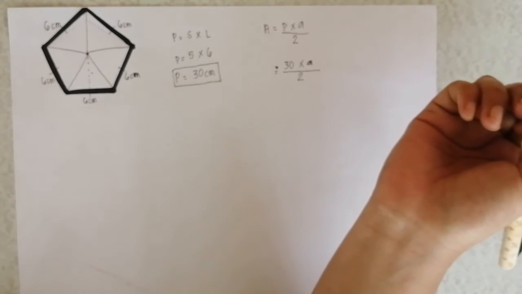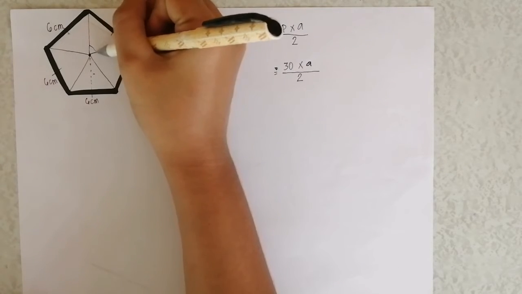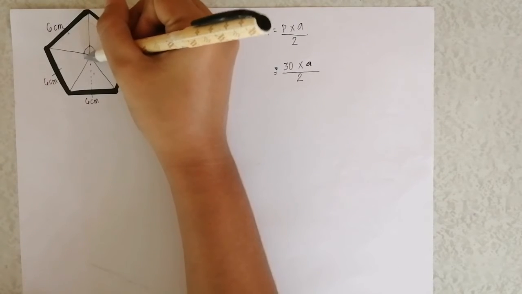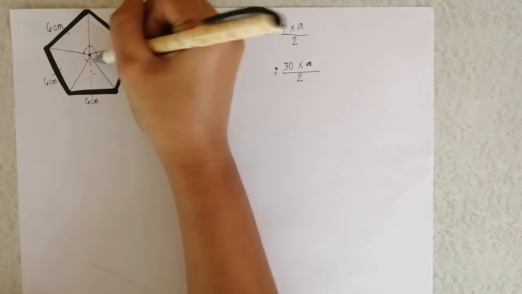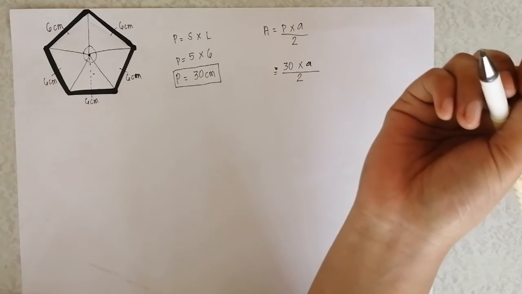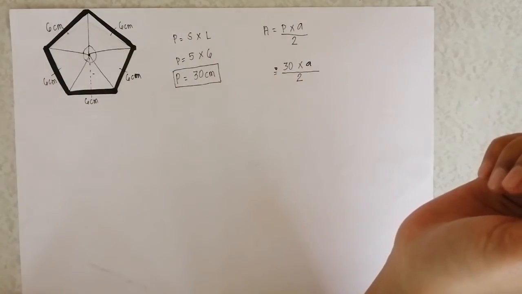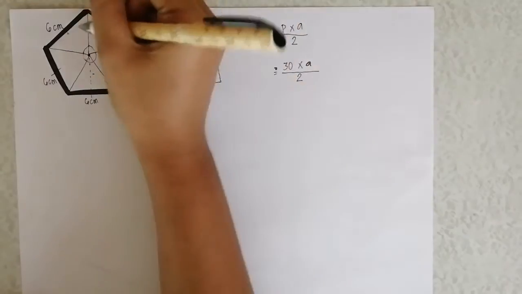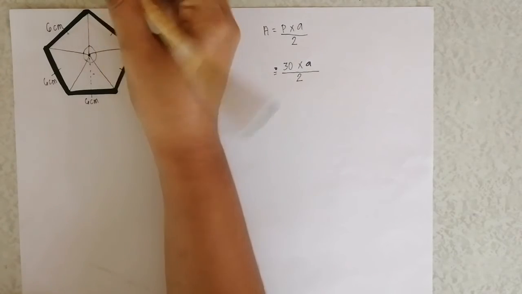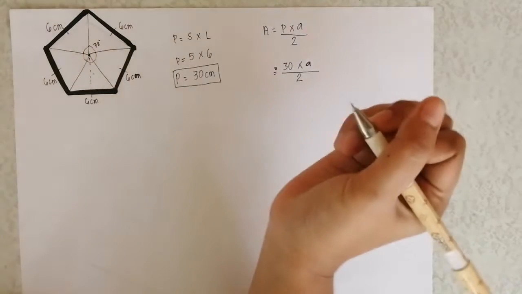Now, since these angles are congruent, when you add them together they form a circle, so they are equal to 360. So you should now have 360 divided by 5, so we'll have the angle of the triangle of 72 degrees.